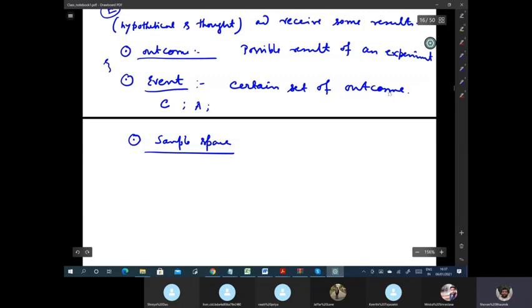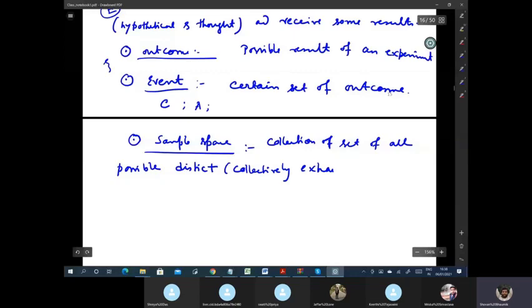Sample space means a collection or set of all possible distinct, that means collectively exhaustive and mutually exclusive, outcomes of an experiment.